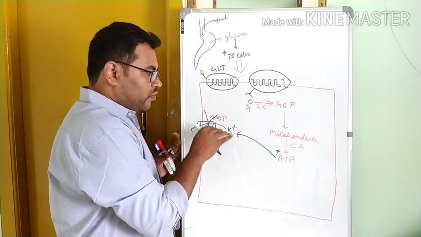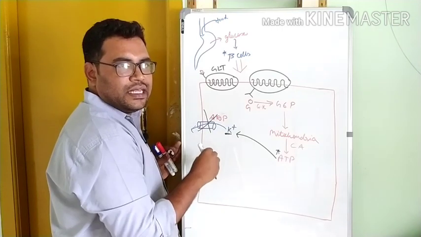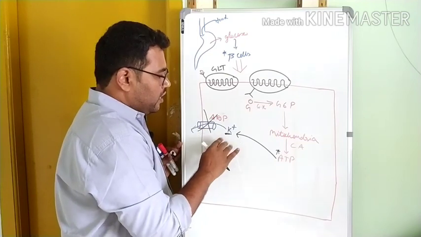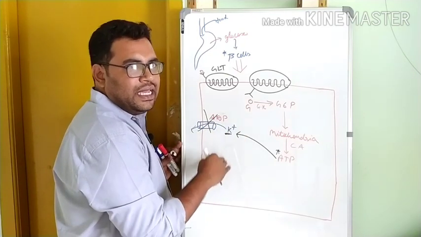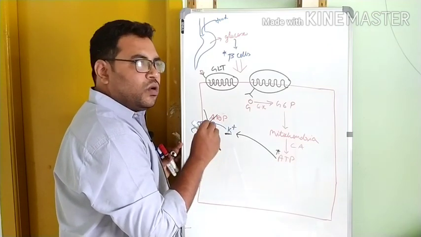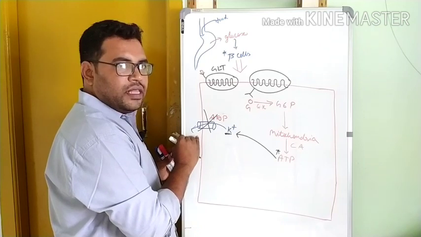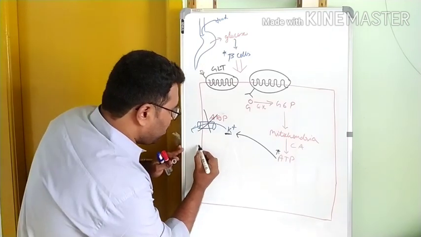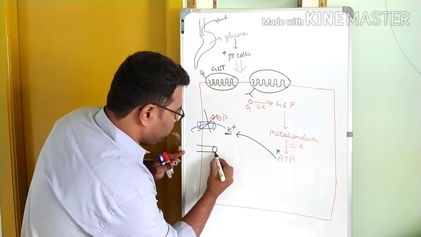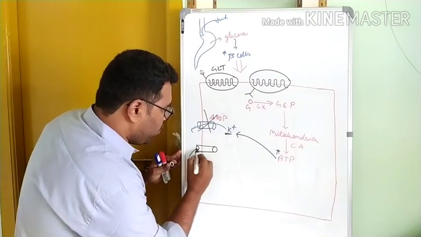That means the cellular positivity will increase. Slowly it is going to increase, but the point is, by this process alone more positive ions cannot be increased here, right? While the potassium stops going outside, it leads to depolarization. That means there will be influx of positive ions from the outside of the cell with the help of calcium.